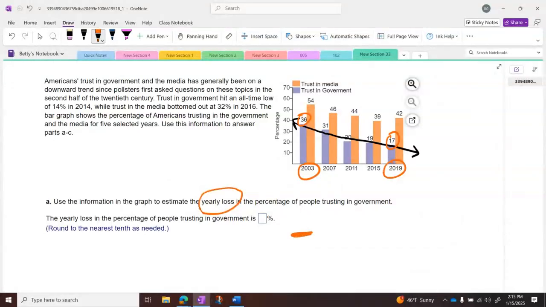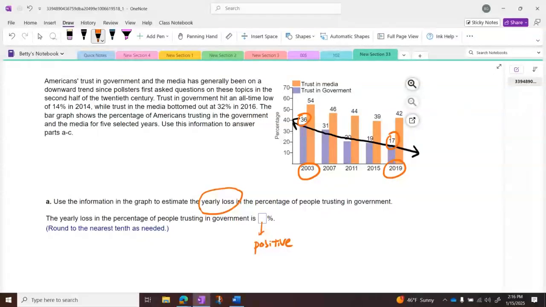But since it says yearly loss, you do not need to enter the negative sign. You are going to have a positive number here. The reason is because it's asking for yearly loss. When people ask how much money you lose in the casino, you don't say I lose -$5.